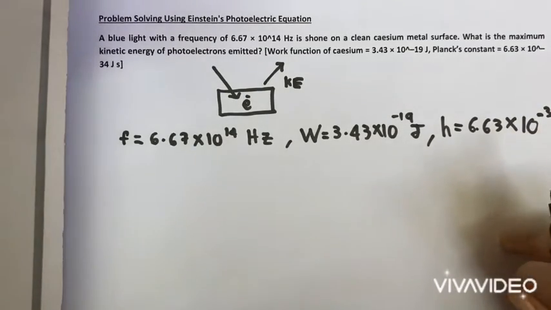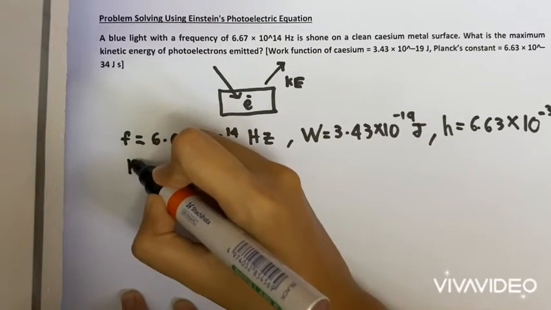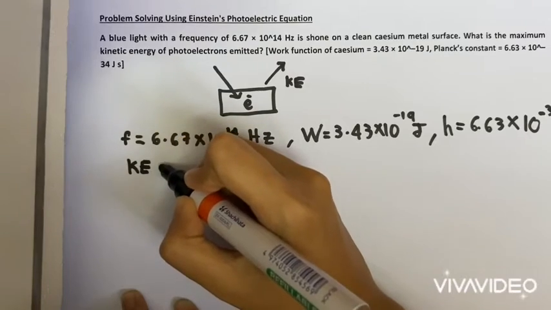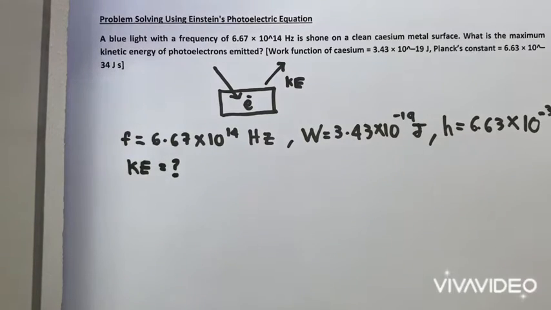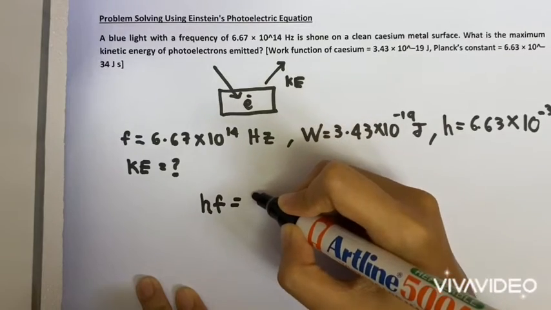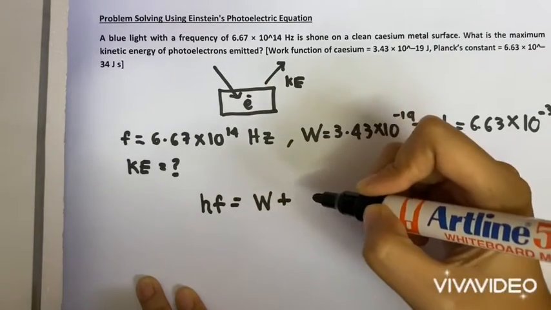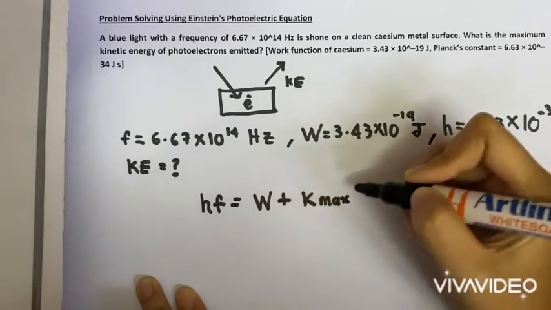Now we want to identify the maximum kinetic energy, the KE. What is the formula that we need to use to identify the kinetic energy? So we have the Einstein photoelectric equation, which is HF equal to work function plus KE, which is K max, kinetic energy maximum.